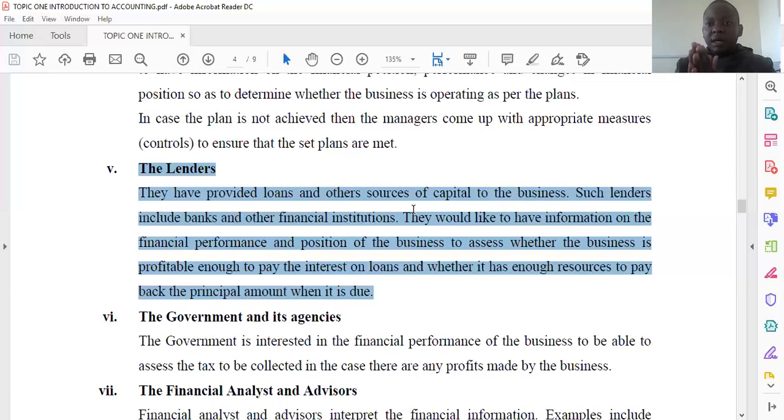They want to know the creditworthiness of the business. So to achieve this, they look at the balance sheet, the assets, to ascertain whether the business is profitable enough to pay interest on loans and has enough resources to pay back the principal amount when it's due. So such lenders will need to look at the balance sheet to be able to ascertain that.